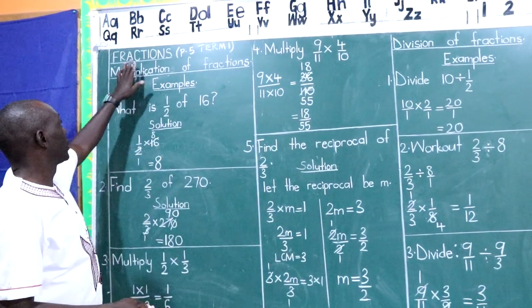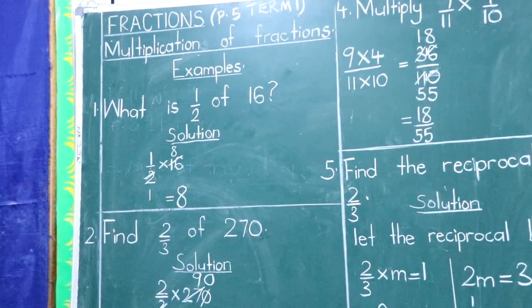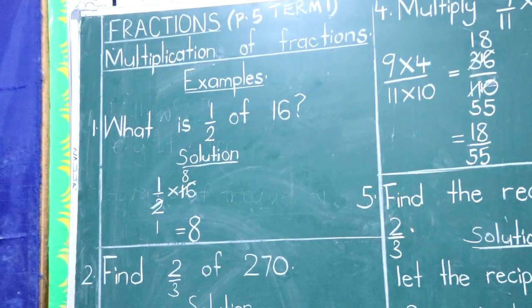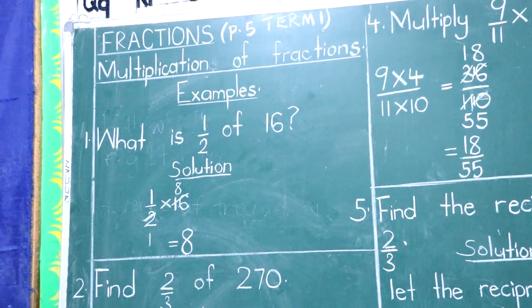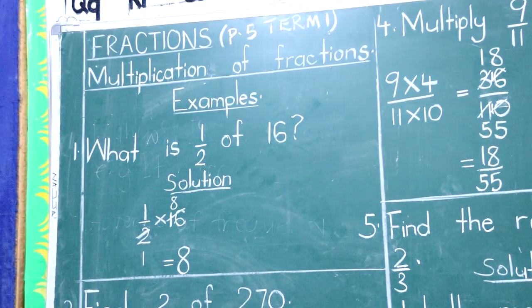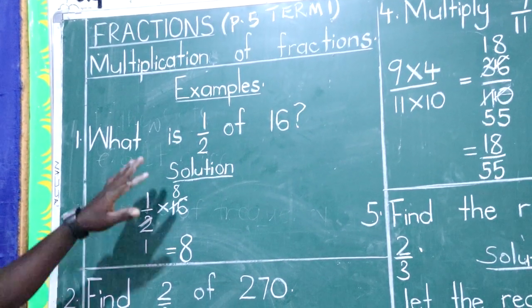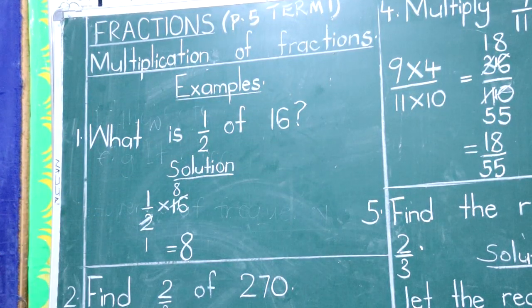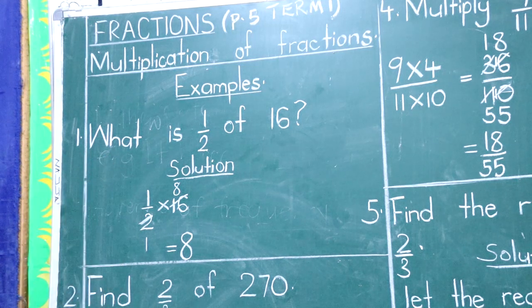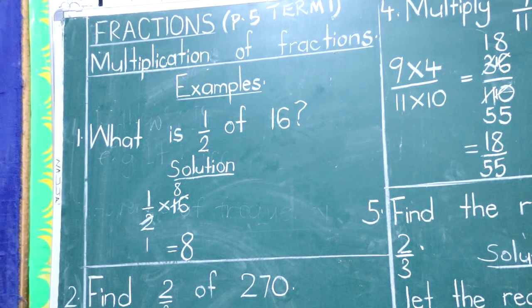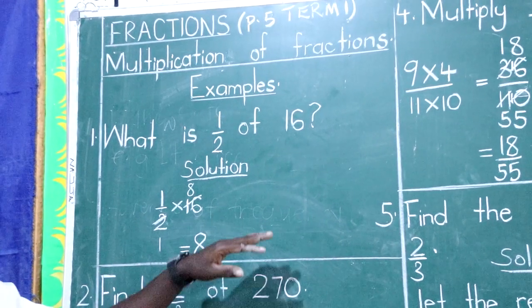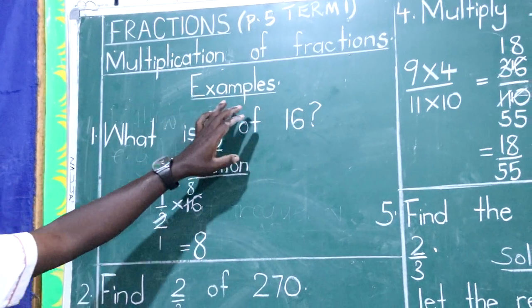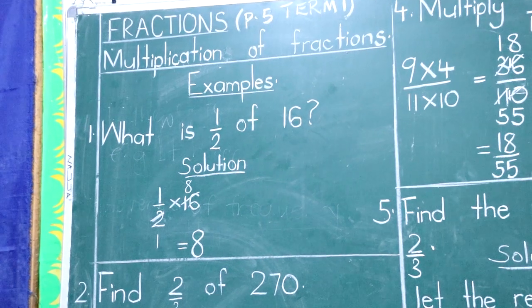As I said, we are looking at fractions, majorly multiplication and division of fractions. So do we start with multiplication of fractions? And the examples are here. The first one reads, what is a half of 16?